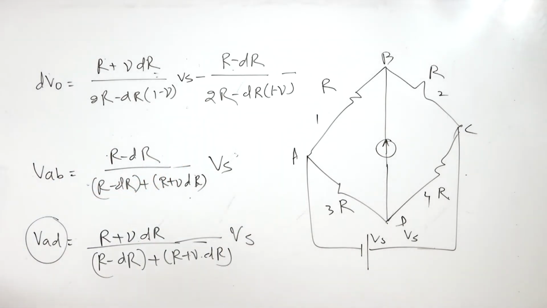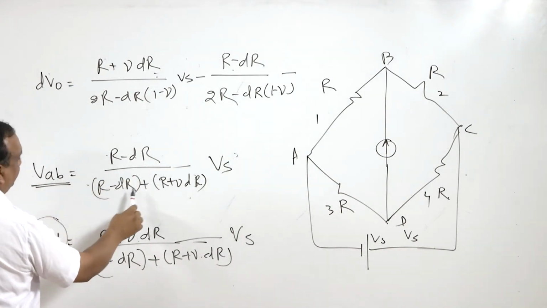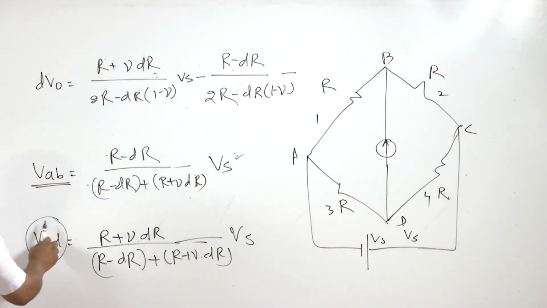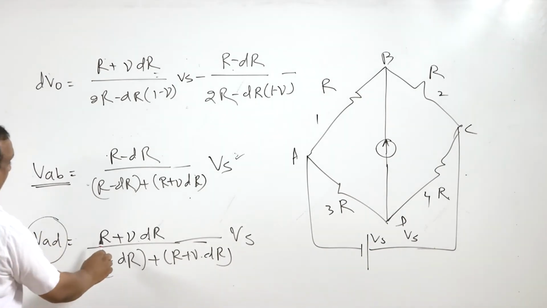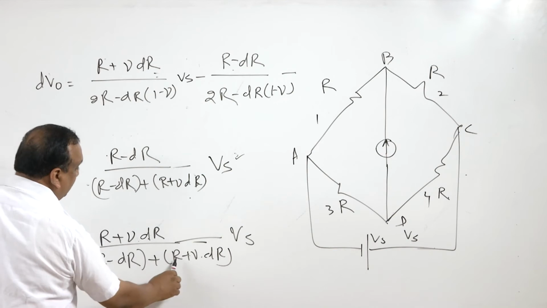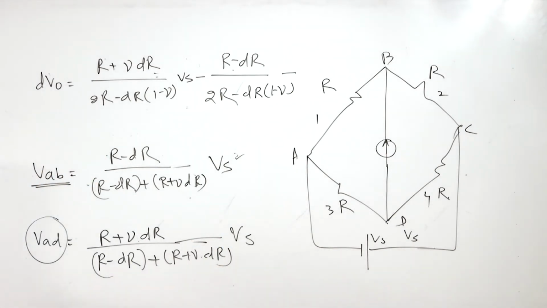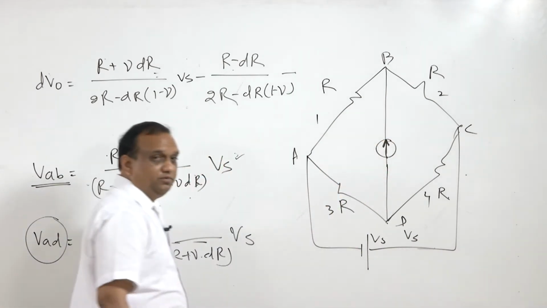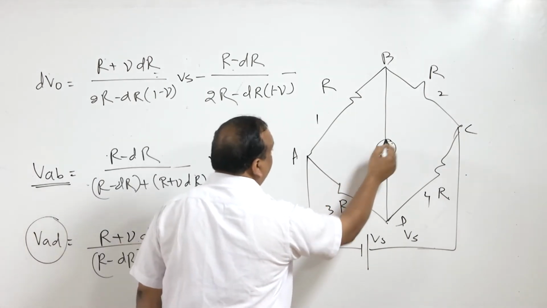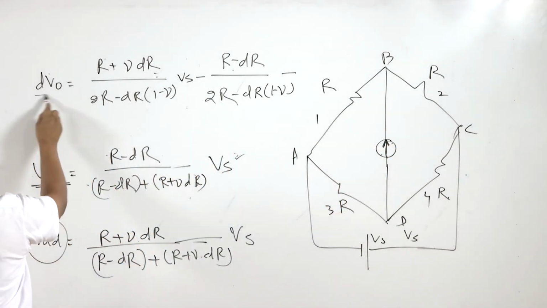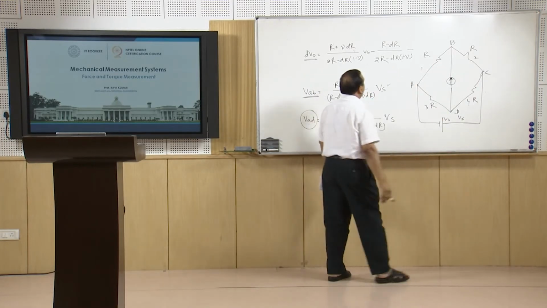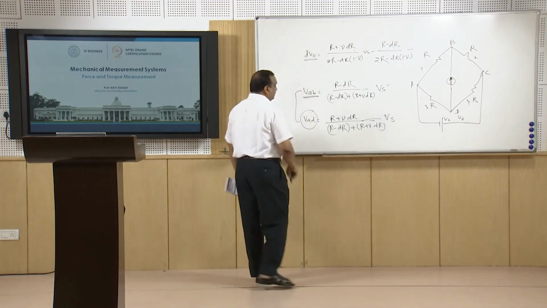Okay? Now the potential difference between AB is R minus dr divided by R minus dr plus R plus nu dr multiplied by Vs, right, and the potential difference between AD is R plus nu dr divided by R minus dr plus R plus nu dr multiplied by Vs. Because now the bridge's equilibrium is disturbed, we will have a deflection here, and the change in voltage dVO, the output between B and D, is going to be the difference of these two.